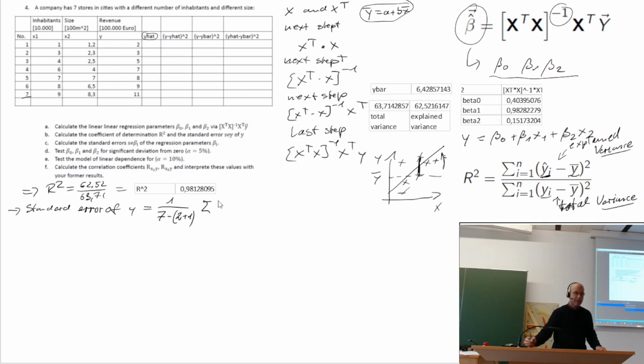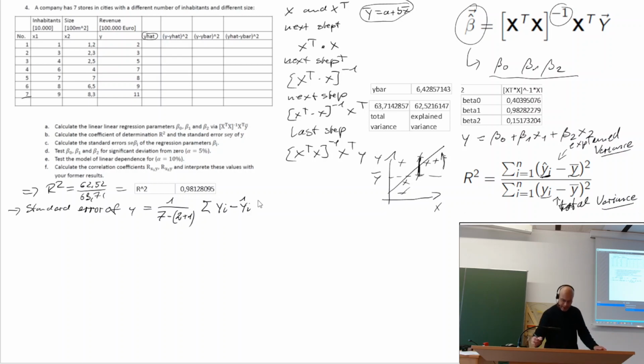And now the sum, and this is important, not with respect to the average, but what we still haven't explained by our regression. So this is y_i minus y hat i.